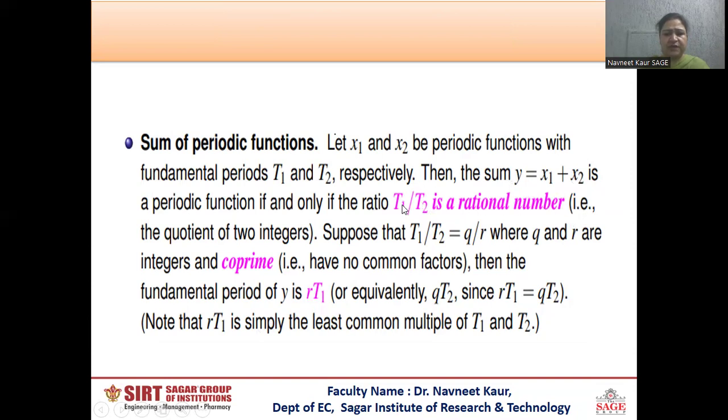That means it should be a ratio of integers. T1 by T2 should be Q upon R, where Q and R are integers and co-prime. Then the fundamental period of y will be R T1, or we can say Q T2. Or it can be obtained by the LCM of T1 and T2.